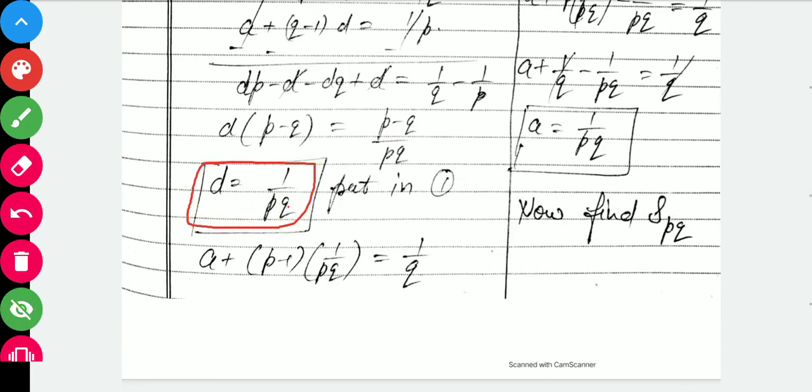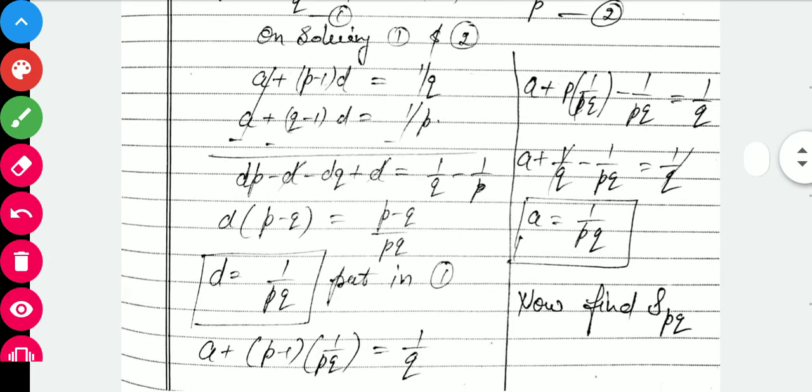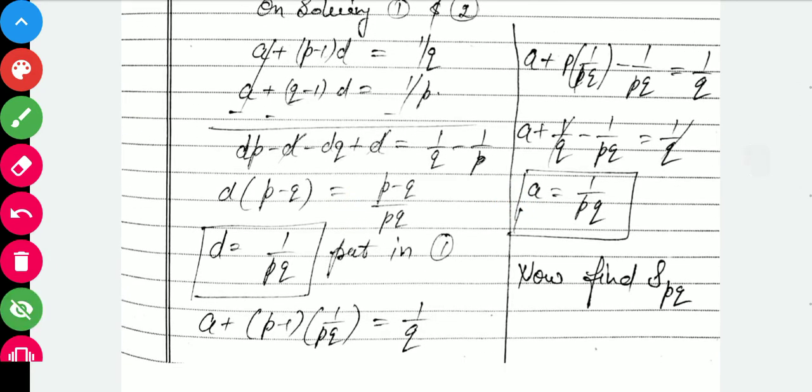Put that d in equation 1, you will get this. Multiply 1 upon pq in this bracket, we will get p into 1 upon pq minus 1 into 1 upon pq, which will give you this, which is equal to 1 upon q.